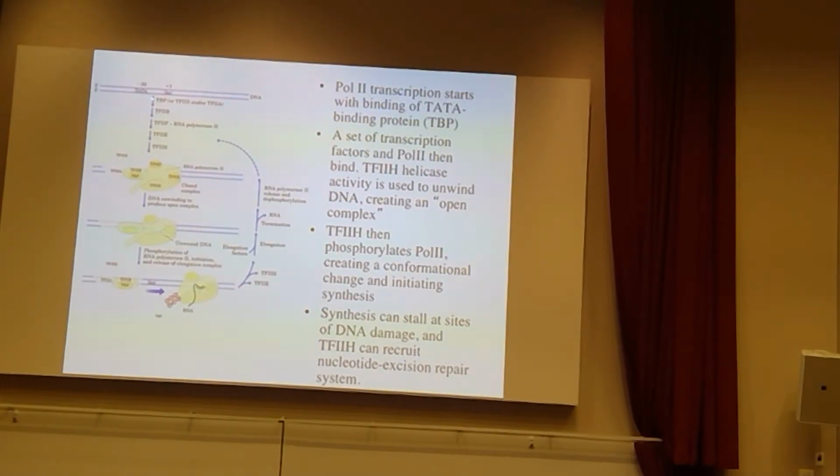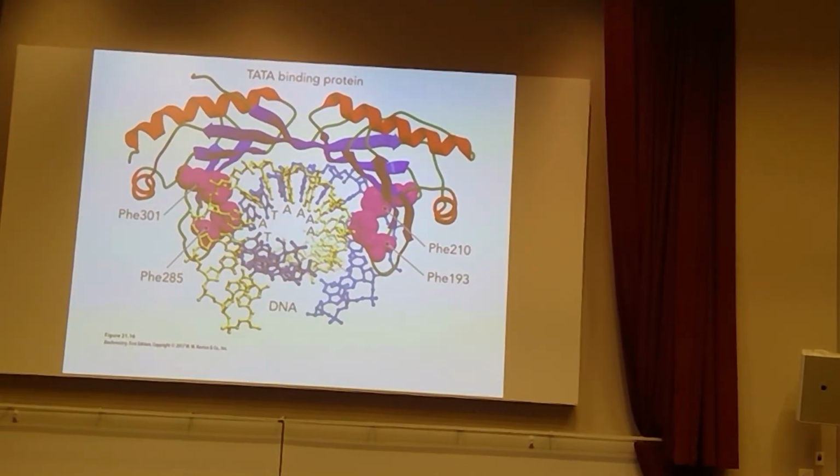This shows the critical protein-DNA interaction right up here at the start of this process, this TATA box binding protein, TBP, sitting down on that region of DNA. This shows that it is a dimeric complex, and the interactions between the protein and this particular sequence of DNA are mediated by two phenylalanine residues that engage with the DNA on either side of the double helix and read that particular sequence.